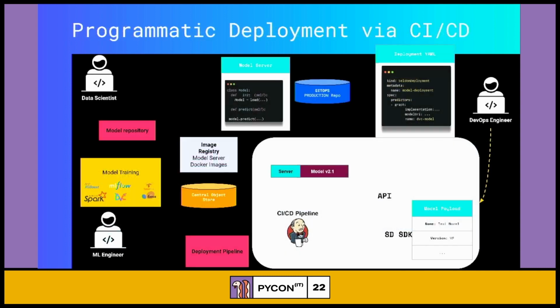And also take into consideration the different personas, right? The data scientists that create the artifacts, the machine learning engineers that create the pipelines, and the DevOps engineers that handle and manage the entire infrastructure.